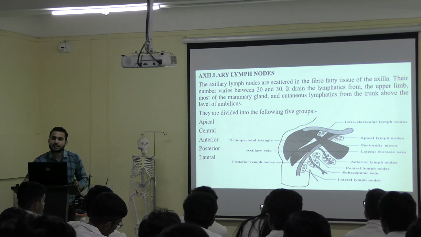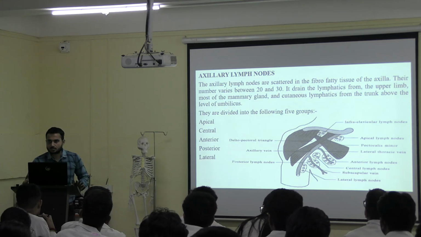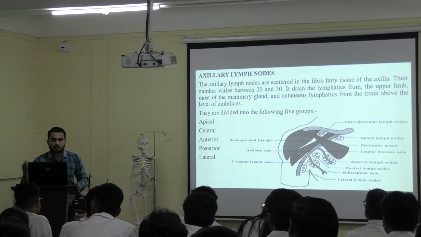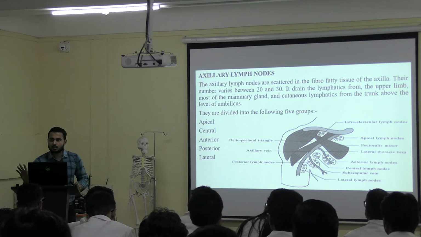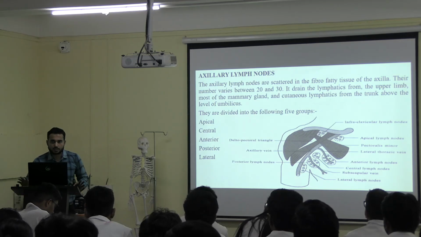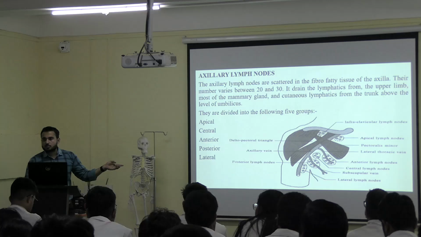If lymph nodes are enlarged, I am not saying in all cases, but in most cases it is suspected that CA breast is present. Other problems may also be there; because of infection, they may also get enlarged. So I hope you got an idea of what is a lymph node, what is lymph, and what is the meaning of lymphatic drainage.